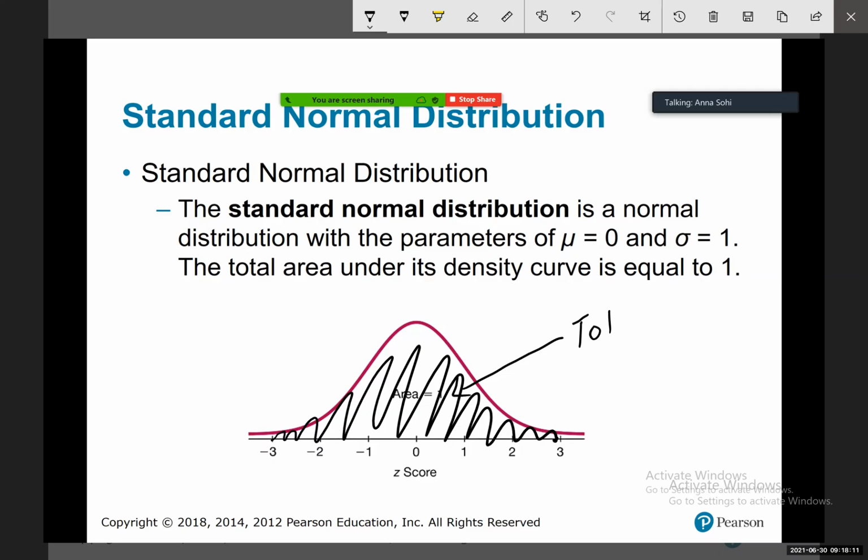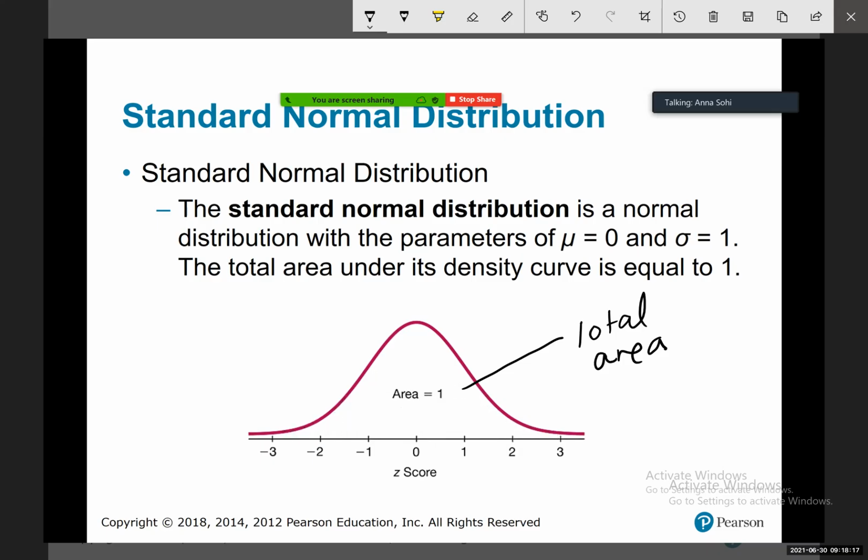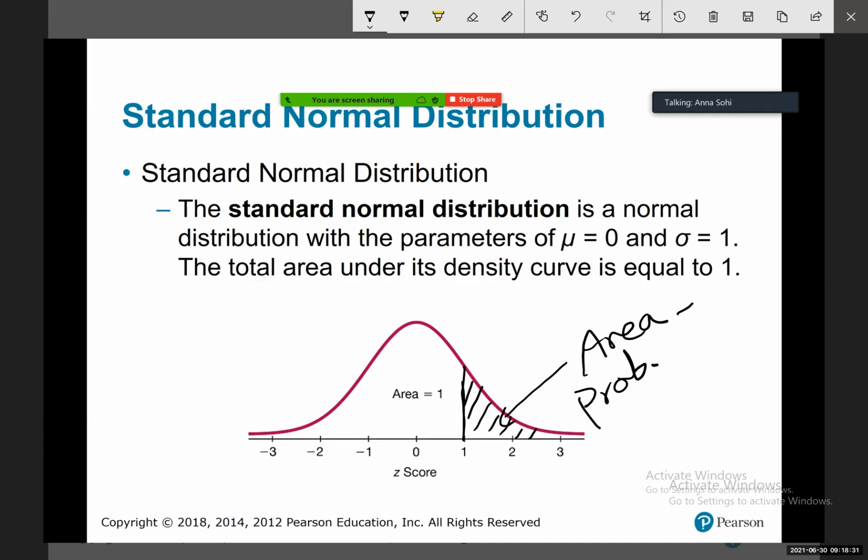Any chunk of area, no matter if it's everything or nothing, from now on please keep in mind, area is the same thing as area under the curve, which is the same thing as probability. We're going to see that.